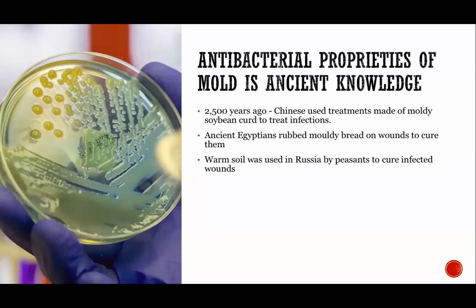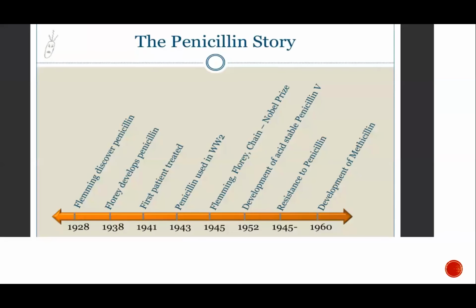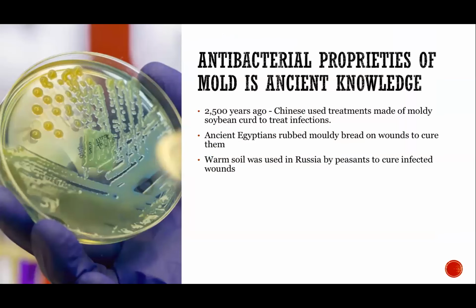In that pre-antibiotic age, the Chinese used moldy soil to treat infection, the ancient Egyptians rubbed moldy bread on wounds to cure them, and in Russia they used warm soil to cure infected wounds.